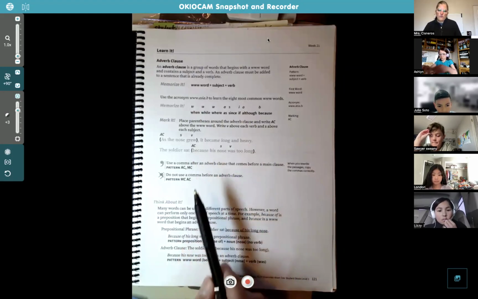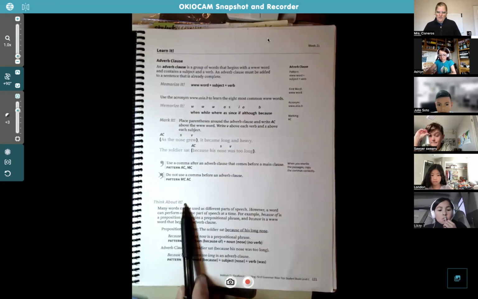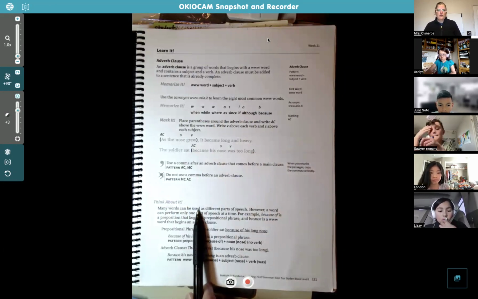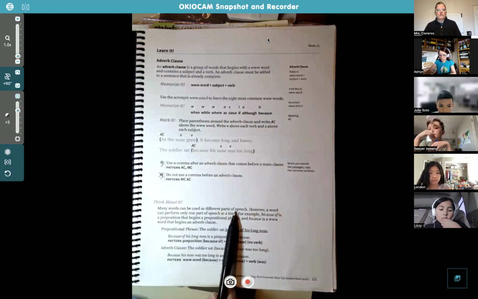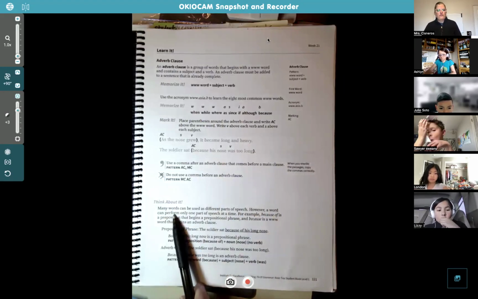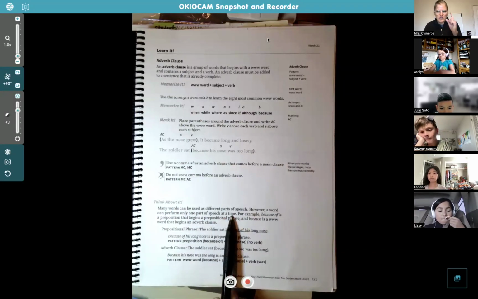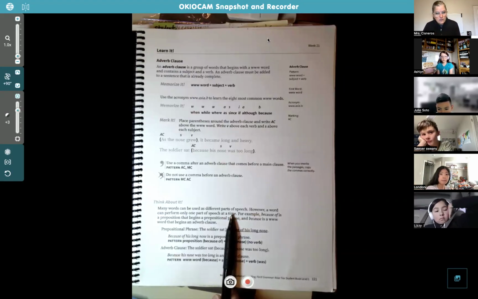And there's one more thing to talk about on this page, and it says think about it. Many words can be used as different parts of speech. However, a word can perform only one part of speech at a time. Remember, parts of speech are nouns, verbs, adjectives, all those types of words, plus clauses.